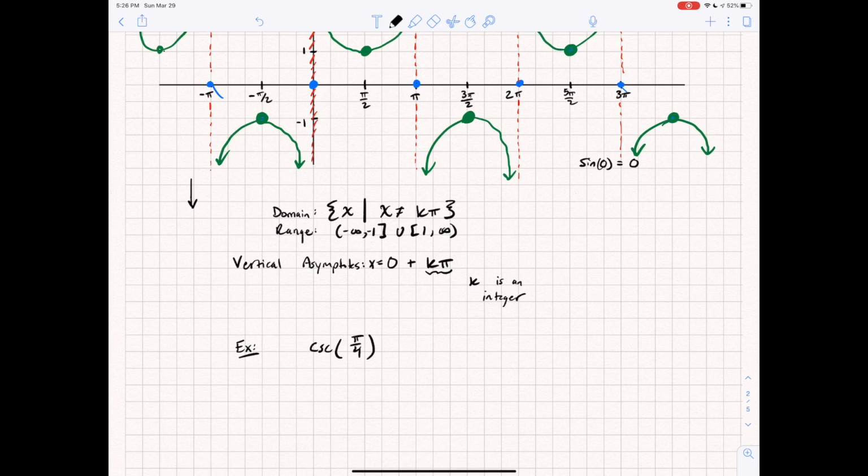Using the unit circle, you'd go to pi over 4, and its y-coordinate is radical 2 over 2. But because I'm doing cosecant, I'm flipping the y-coordinate. So I'm flipping this to be 2 over radical 2, which again is 2 radical 2 over 2, or just radical 2.